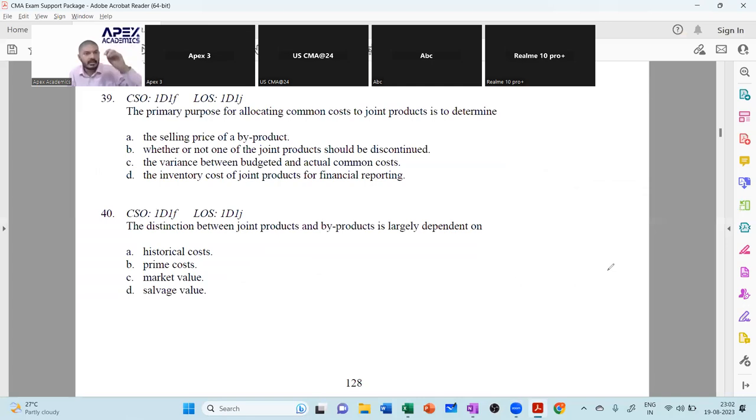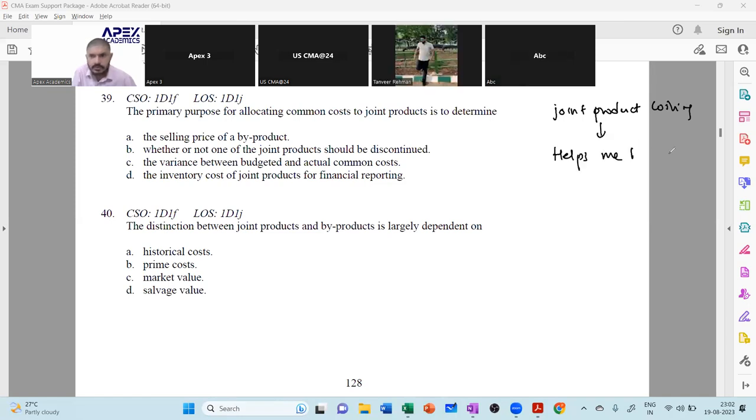Now understand. Joint product costing helps me to calculate the cost of each joint product.